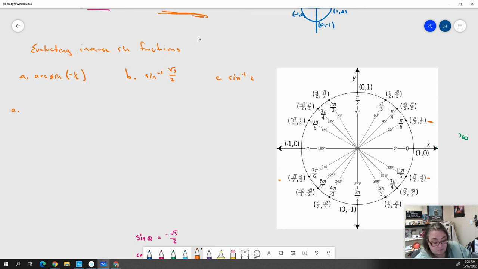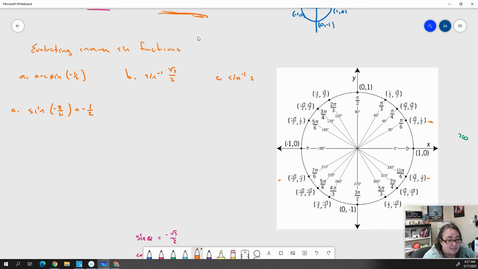But that's not so important as far as this goes. We just need to know that it is that 30-degree reference angle, which is pi/6. I know that at pi/6, sine equals 1/2. So at sine of -pi/6, we get -1/2, right?